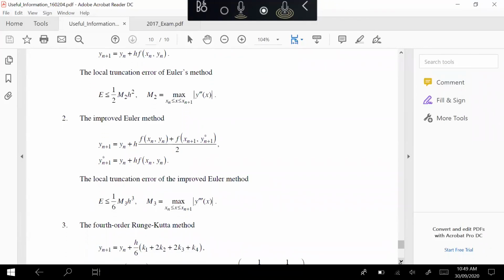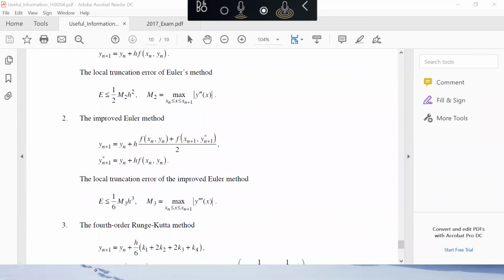The local truncation error of the improved Euler's method is: the error is less than 1/6 M3 times h cubed. h is the step size, and M3 is the maximum value of the third derivative on the domain, which is going to be x0 to x1. The maximum of the third derivative of the exact solution, I should say.